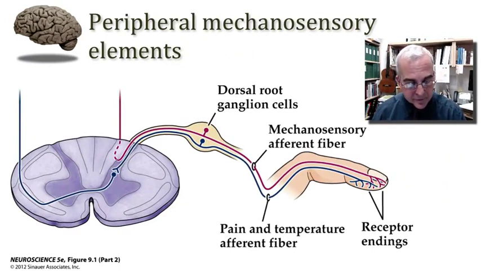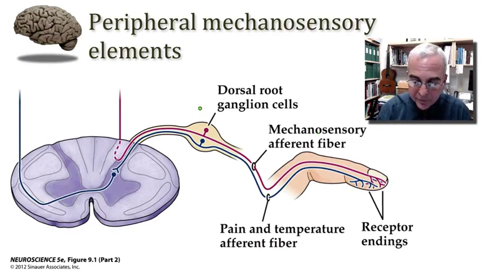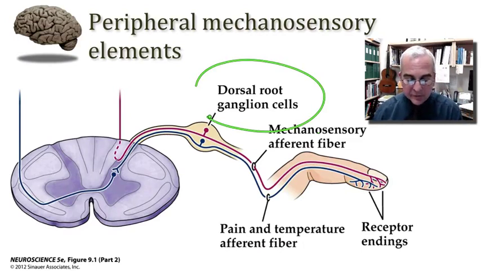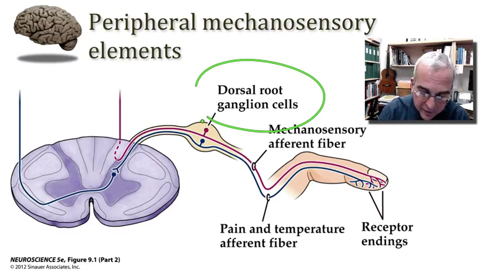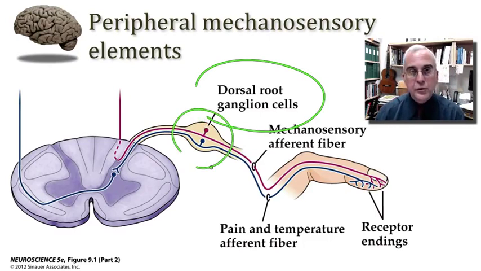All right, so let's consider the general organization of this first order neuron. So the first order neuron in our pathways for somatic sensation are dorsal root ganglion cells. And so what's illustrated here is the connection between the sensory signals that arise in the fingertip and the central nervous system. So these dorsal root ganglion cells, they have cell bodies that reside in this dorsal root ganglion.